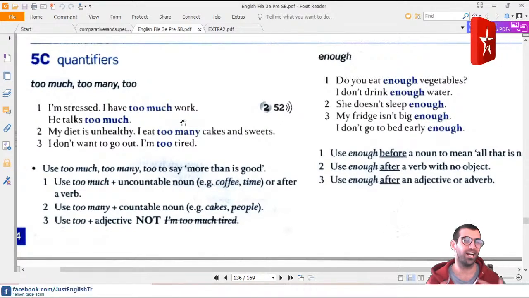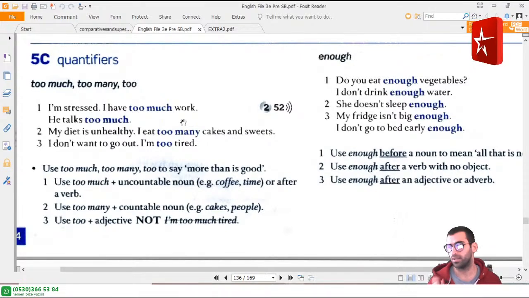I mean, I talk too much. Or he talks too much, or he speaks too much. Keep in your mind, we have two rules with too much. We use too much before uncountable nouns and after the verb. That was the first rule.